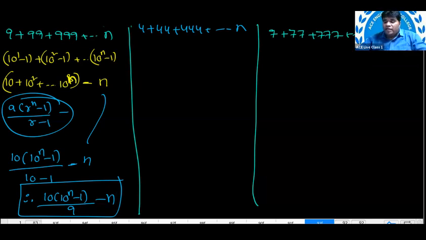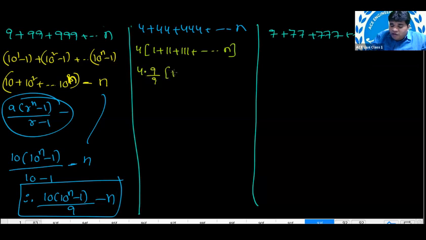So take 4 common: 4 into (1 plus 11 plus 111 up to n terms). I want compulsory 9, so multiply and divide the whole by 9: 4 by 9 into (9 plus 99 plus 999 up to n terms).